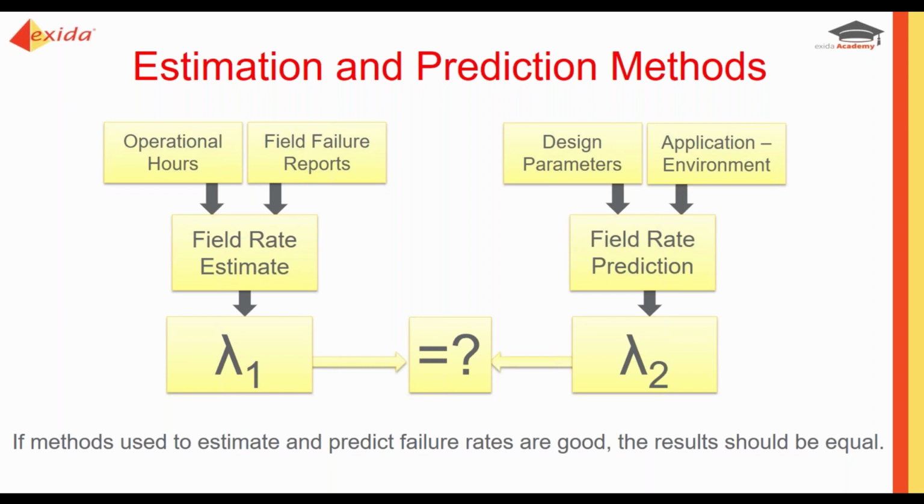That failure rate prediction, if you're doing an FMEDA, takes into consideration the application and the environment. Those two failure rates should equal each other. If you're my customers, I always say the predictive method hopefully is going to let you be a little conservative, because you don't want to say that you're not as good as you are, or you want to be at least as good as you're saying you are.